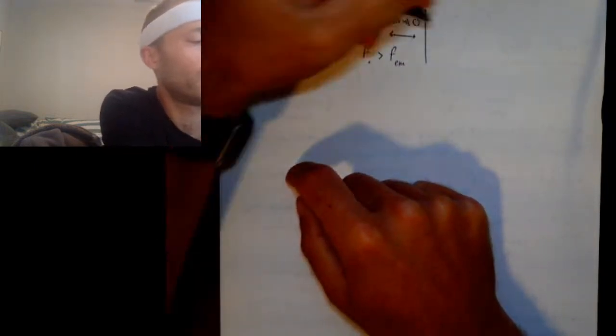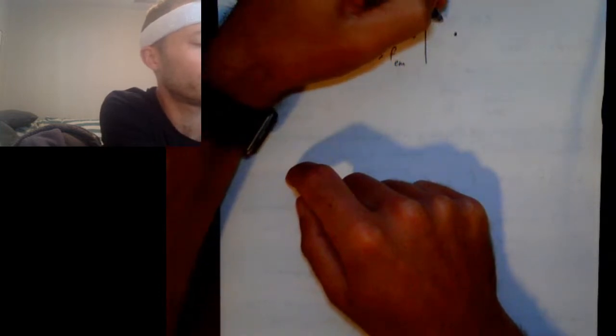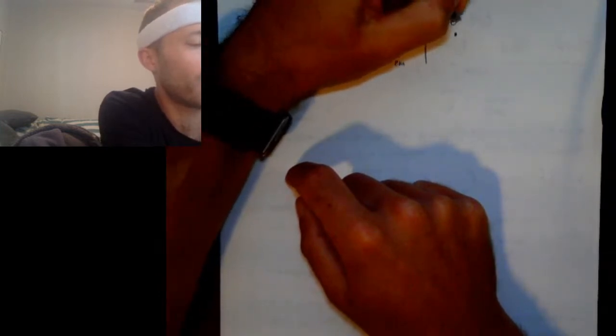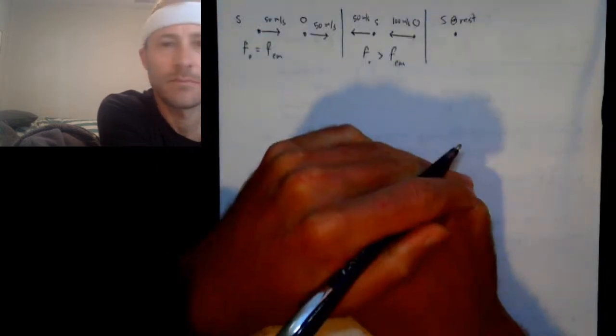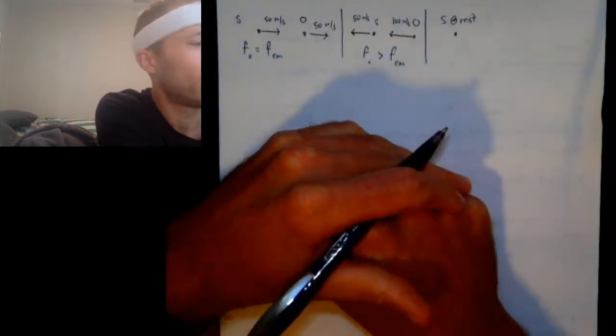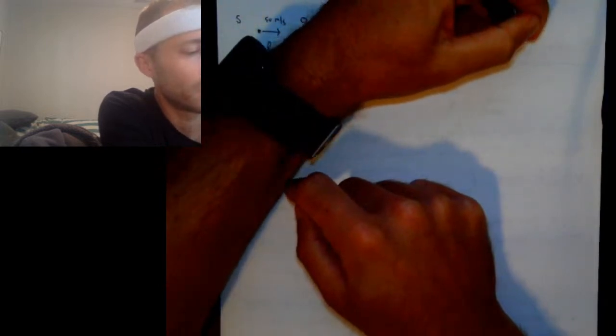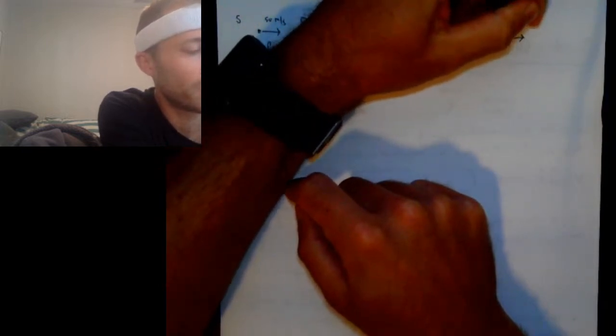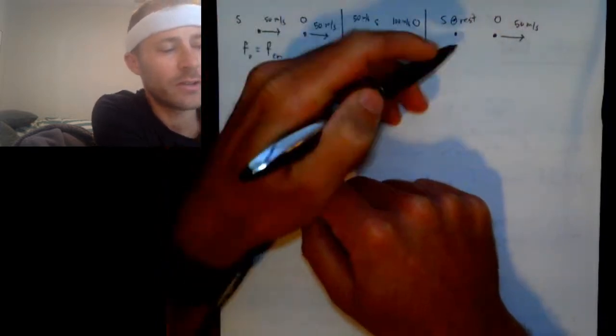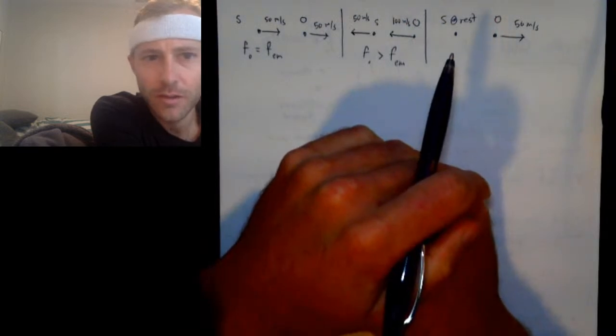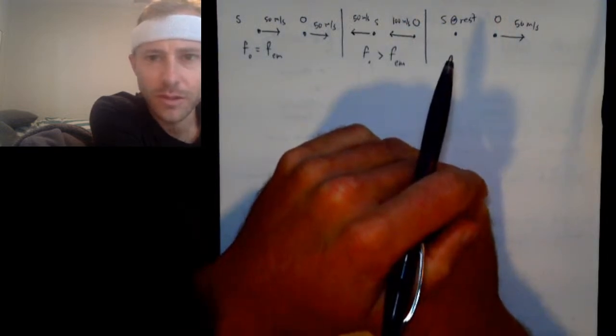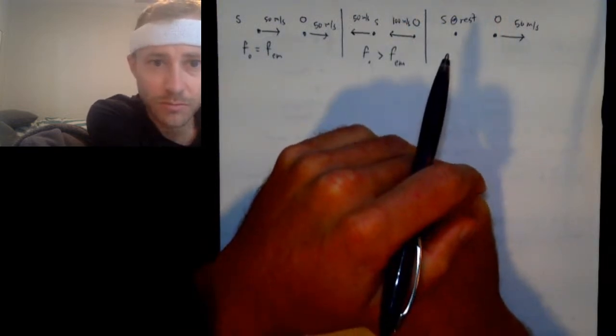What if we have a situation where the source is at rest, and the observer is traveling to the right at 50 meters per second? In this case, because the source is at rest, the observer is going to be getting further away from the source.